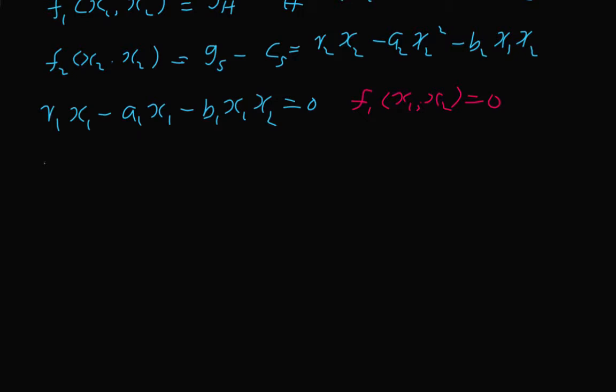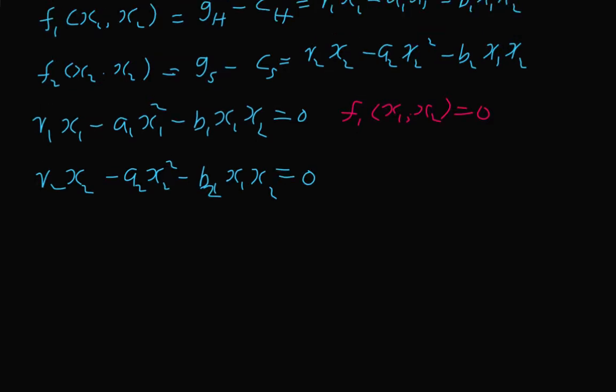And similarly, r2 x2 minus a2 x2 squared, actually this should be squared, minus b2 x1 x2, I'm sorry, this should be b2, equals 0. This is f2(x1, x2) equals 0. Okay, now solve for x1 and x2. Let me name these two equations: call this the first one and this the second one.